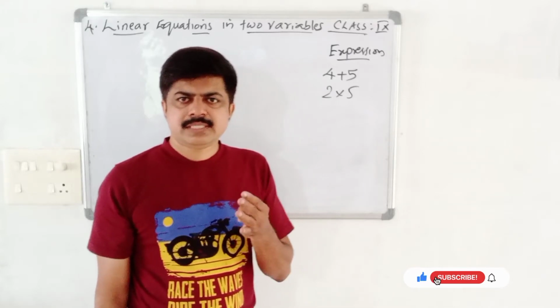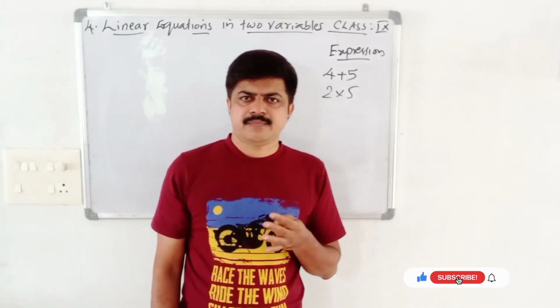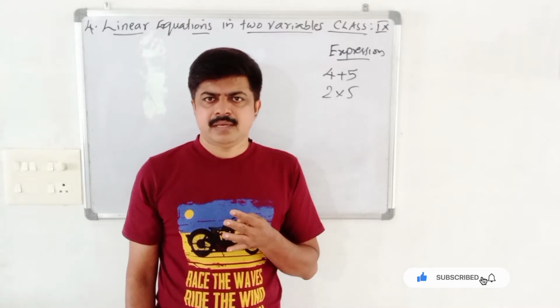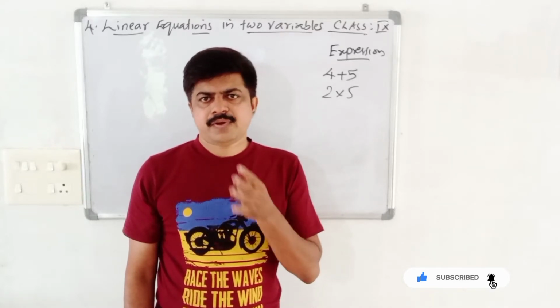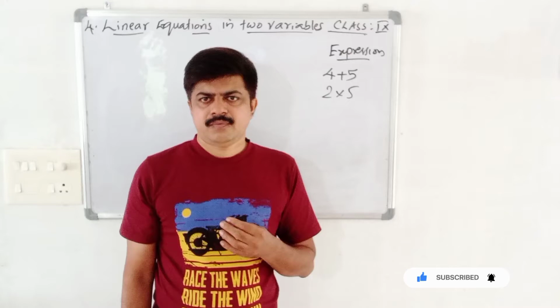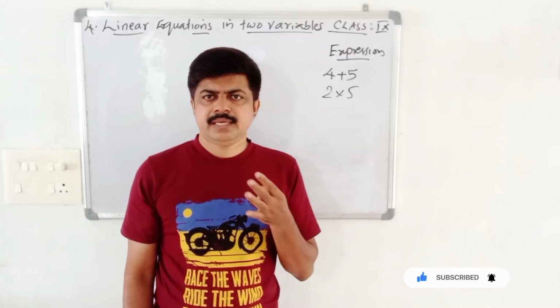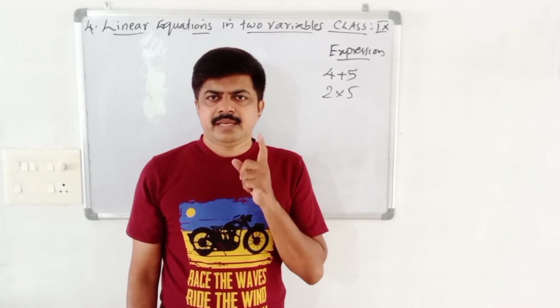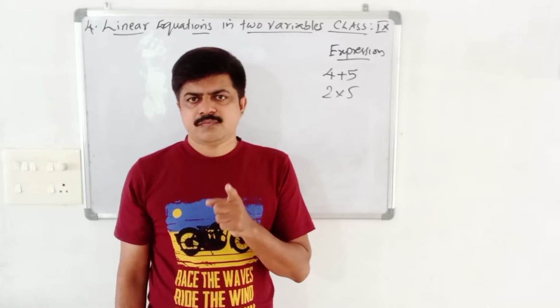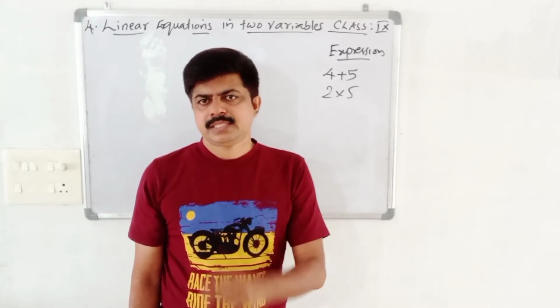But what is the difference between expression and equation? An expression is not an equation. An expression is different from an equation. In an equation, remember, we always use the equality sign.